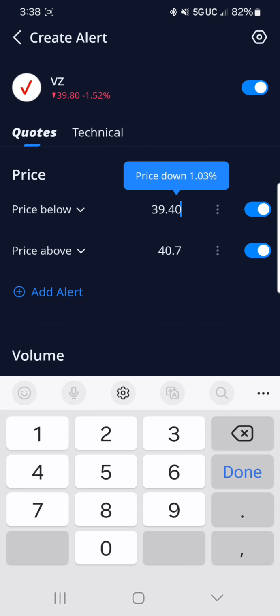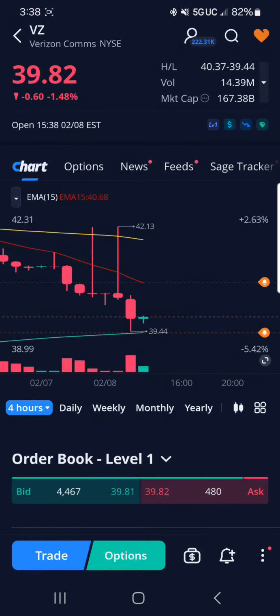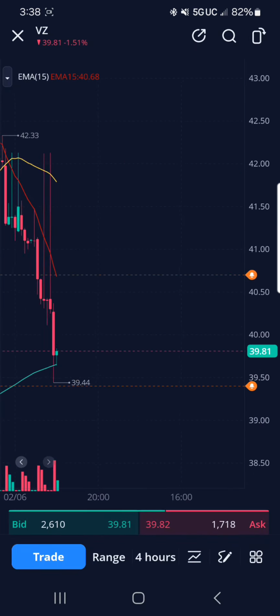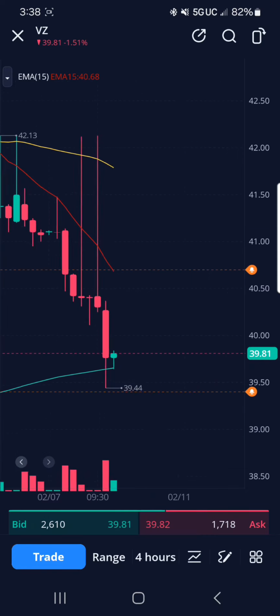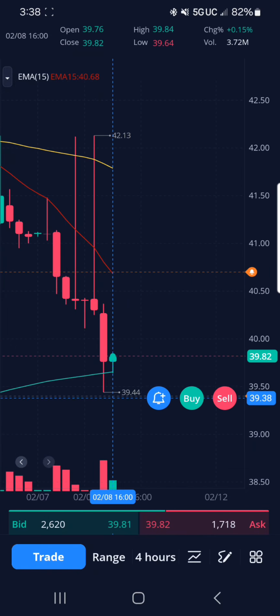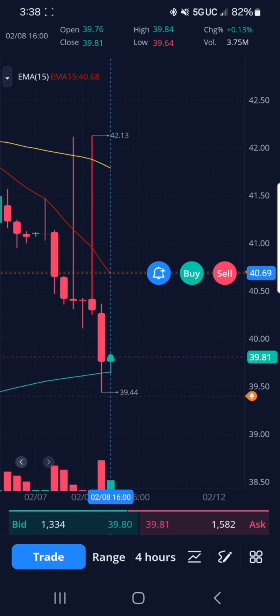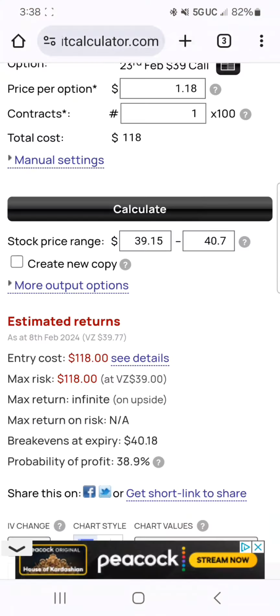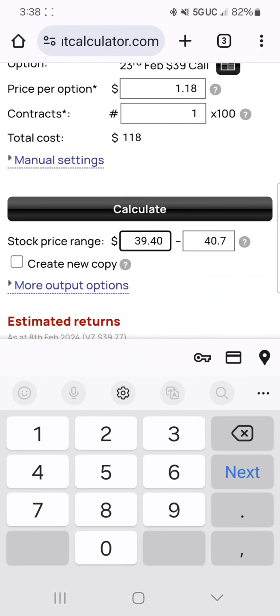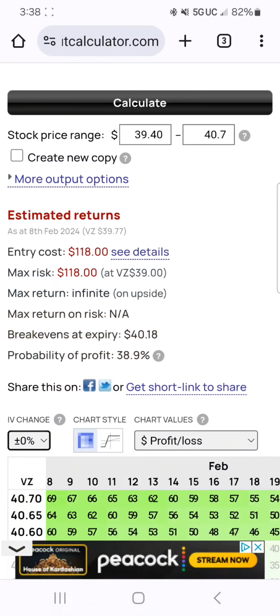Because as you can see, when I zoom in on the 4 hour, I need it to be just below the 180 and just below this last run down so it doesn't fake me out. So if the stop loss is 39.40 and the take profit's 40.70, risk to reward ratio 39.40, 40.70.